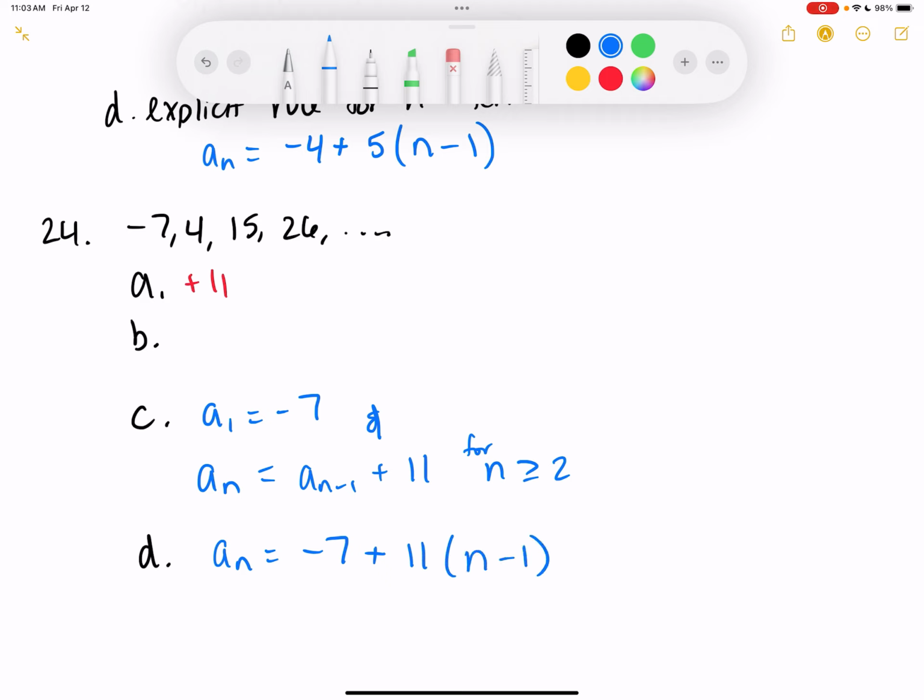So now we can use those formulas that we wrote. I can't really use the one from C because that would require me to know the term before it, to keep going. But I can use D. D is a little easier when you need a farther out term. So if I want the 10th term, plug in 10 for n, and what do we get?